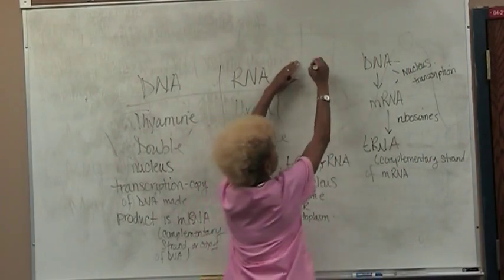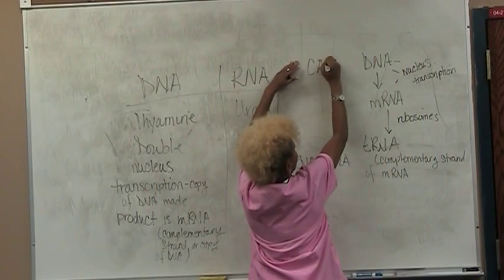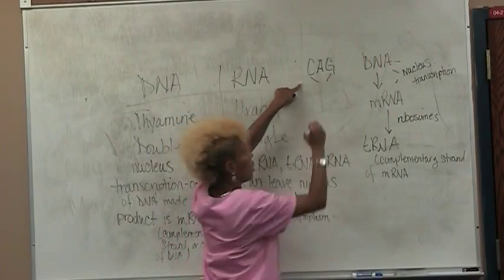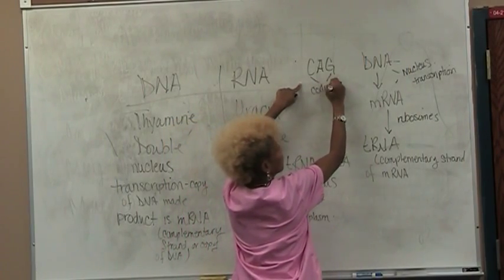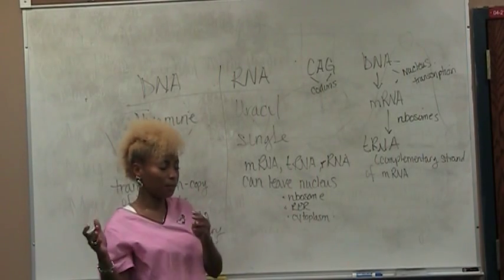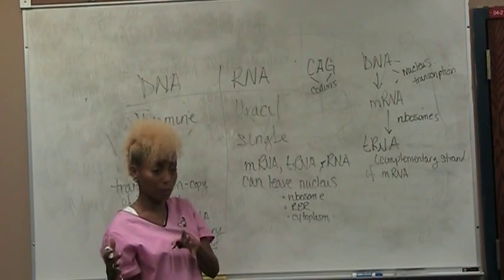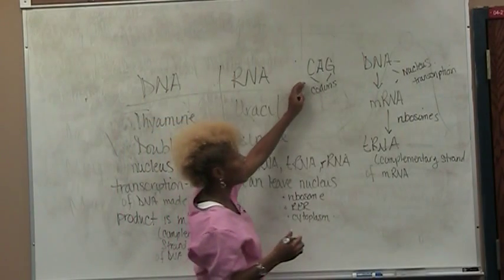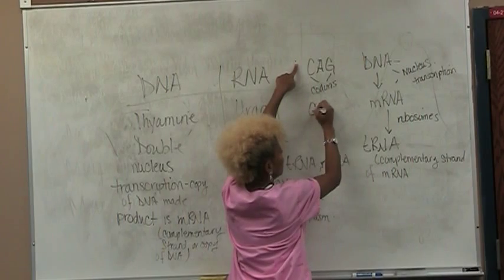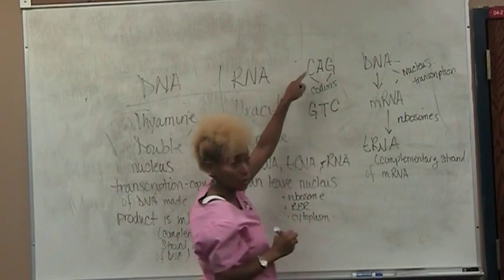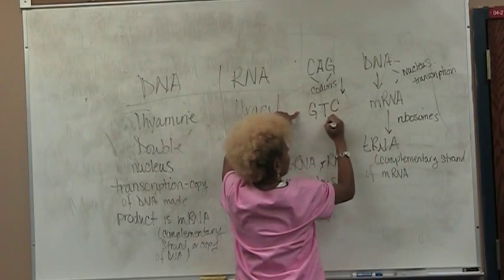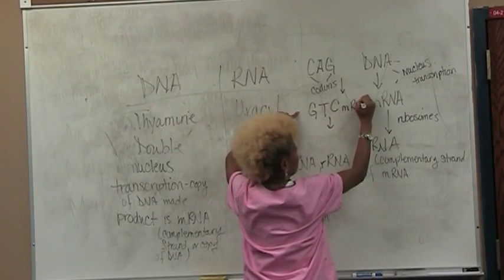So we're going to do this just so you guys know. Remember these three things, when we read them in threes, they're called codons. And remember, codons make up parts of a protein. If this was my DNA, my complementary strand of this would be GTC, correct? That's my messenger RNA.